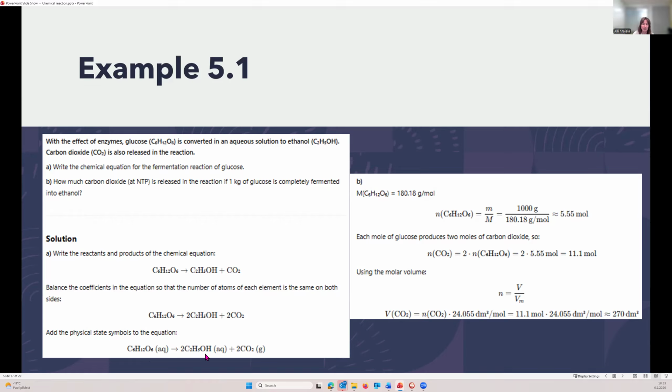You get a solution of ethanol with water, and the carbon dioxide doesn't stay there. It goes to the air as a gas, like it goes in the combustion reaction as well. And then when we do enough combustion, we manage to get climate change with too much carbon dioxide in the air.